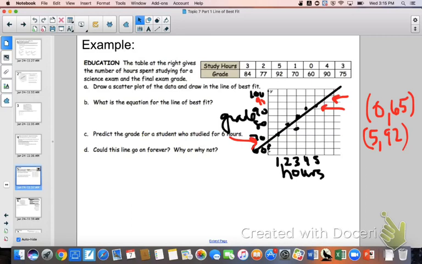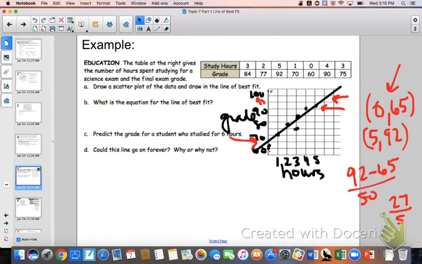So for the equation of the line of best fit, we actually have a y-intercept, right? And then we need a slope. So we do 92 minus 65 over 5 minus 0. So 92 minus 65, that's 25, 26, 27, over 5.